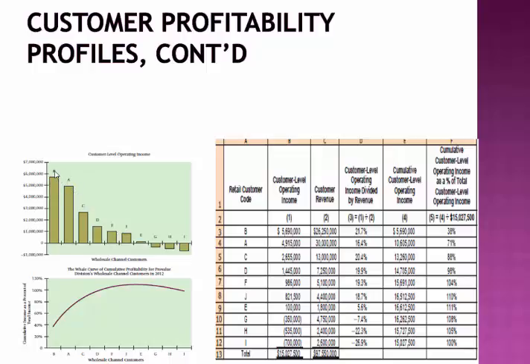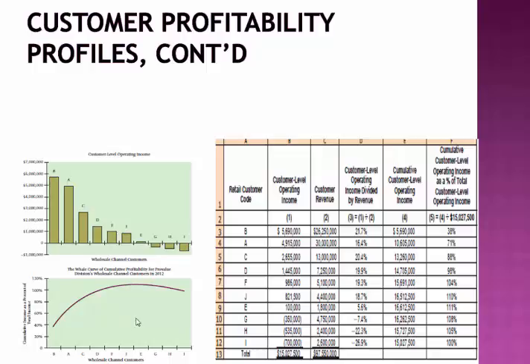So noticing B has a large one, A has a large one, C, D, E, F, I think that's I, maybe it's J, can't hardly see it. And then the ones where, look, it's where it goes negative, G, H, and I. This visually shows us the positive operating income and the negative operating income customers.